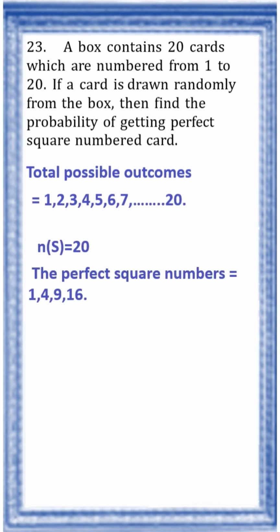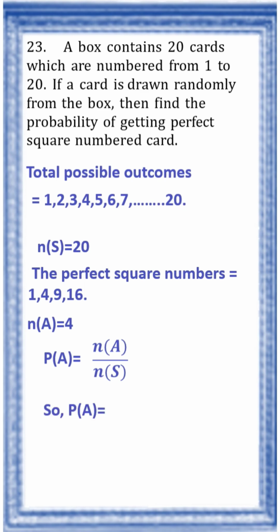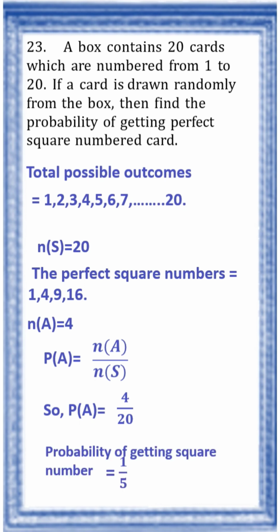The perfect square numbers are 1, 4, 9, 16, so the number of A is 4. P of A is equal to number of A upon number of S, that is 4 by 20. 4 ones are 4, 4 fives are 20. So that is equal to 1 by 5.